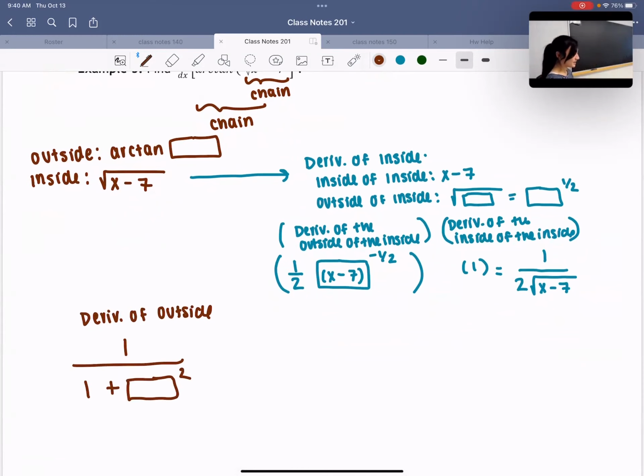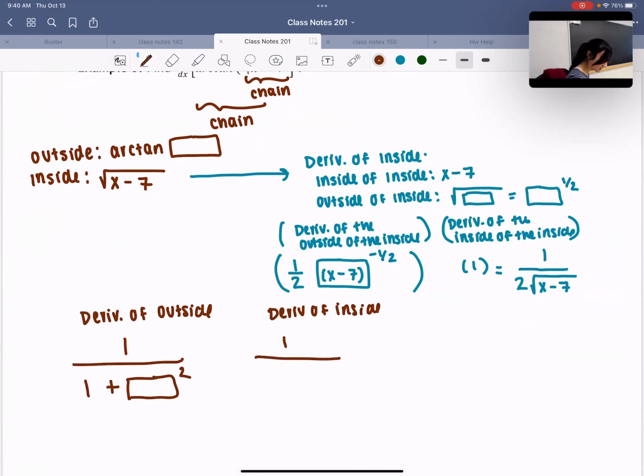And then I have to multiply that by the derivative of the inside, which I just found to be 1/2 times the square root of x minus 7. Putting this together, I'm going to stick the inside into my red box here, the square root of x minus 7, and I'm multiplying all of this together.